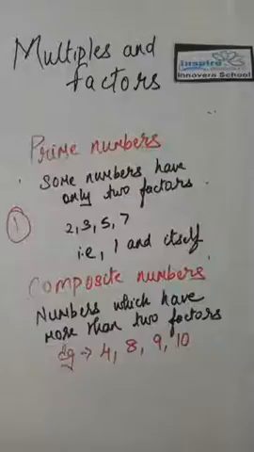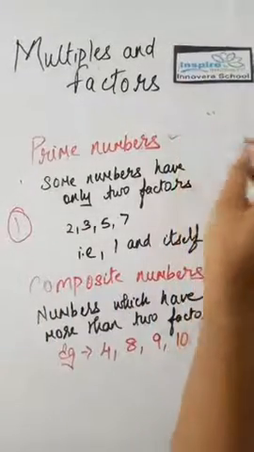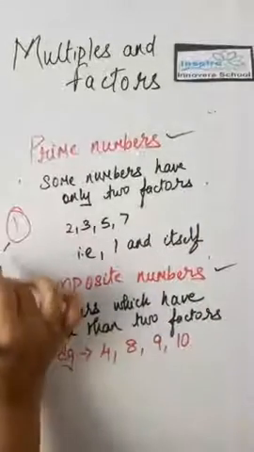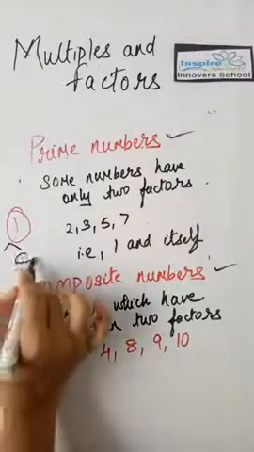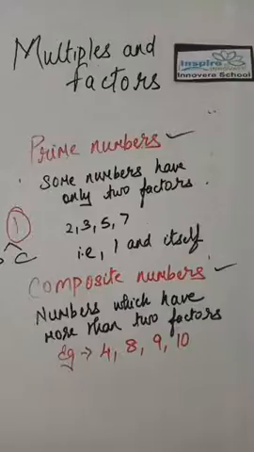That means the number 1 is neither a prime number nor a composite number. It is a unique number.